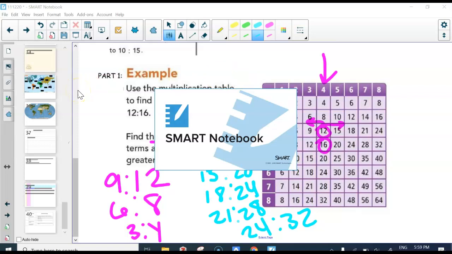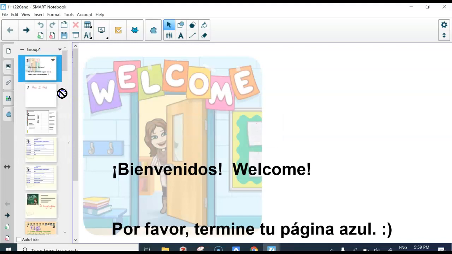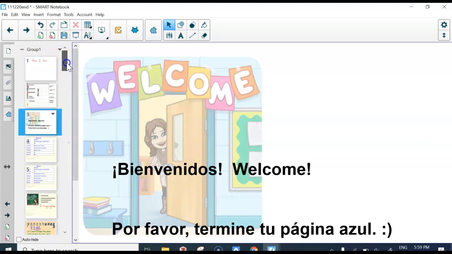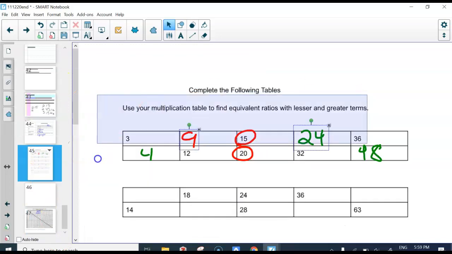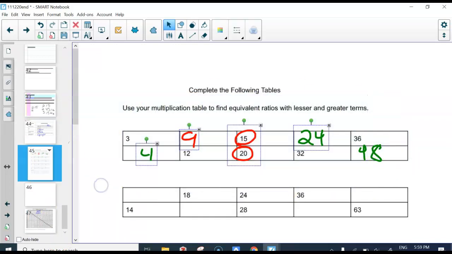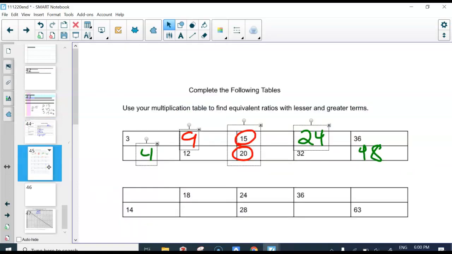So basically, you're just using a multiplication table, a different way to find the answer to equivalent ratios. So I'm going to find the one that we did in class. I'm going to take this, and I'm going to go like this. Oh, no. Just grab my little eraser.